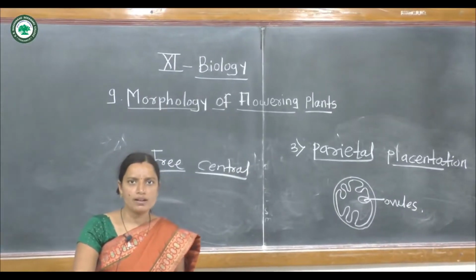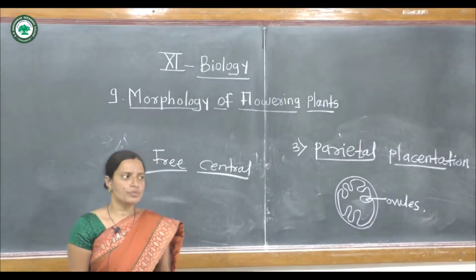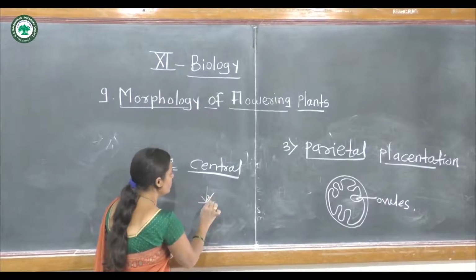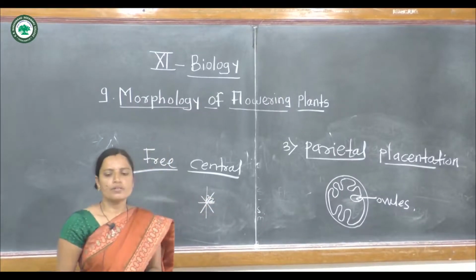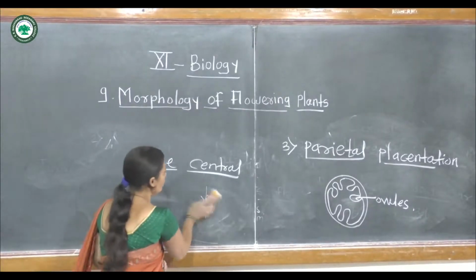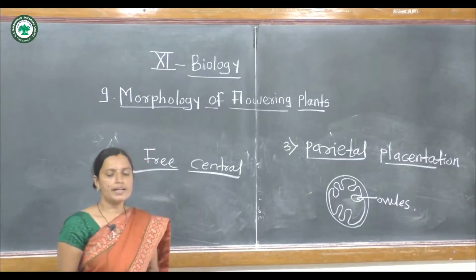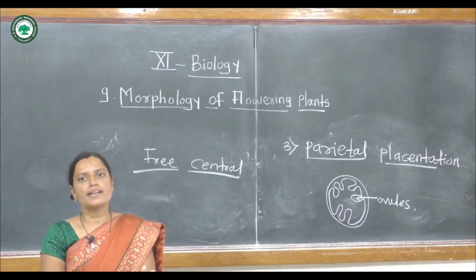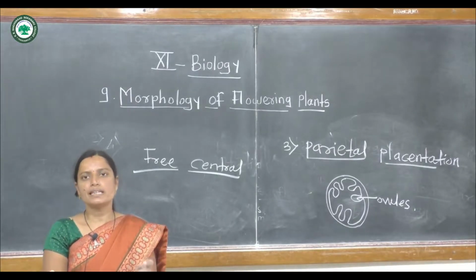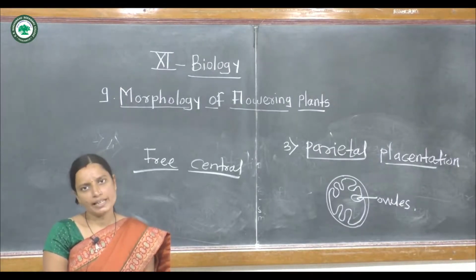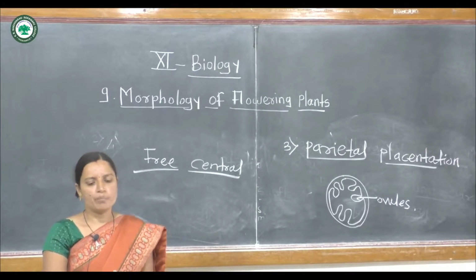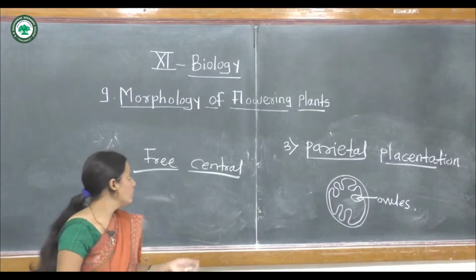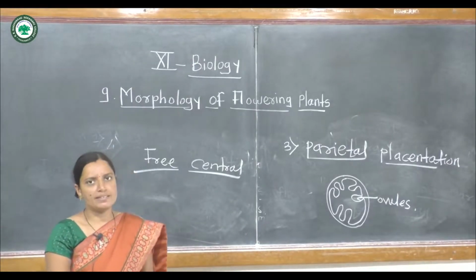The ovules are present at the center but not attached to the ovary wall. For example, Argemone plants show free central placentation.